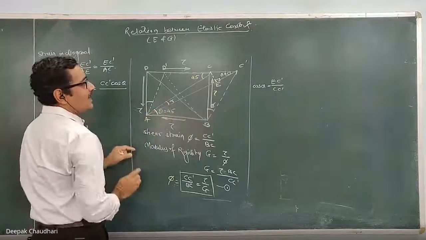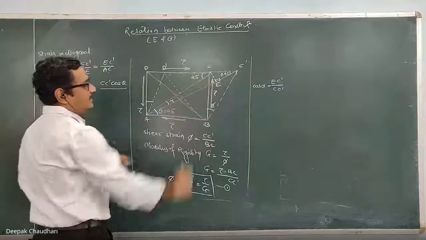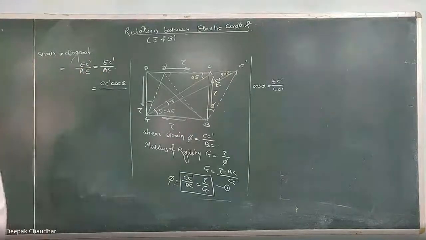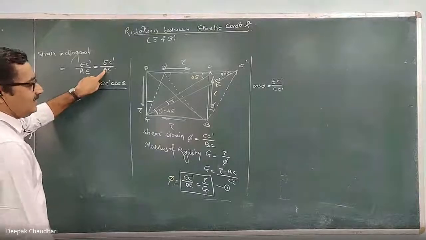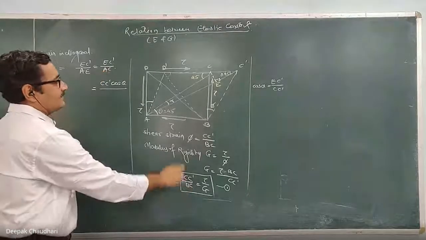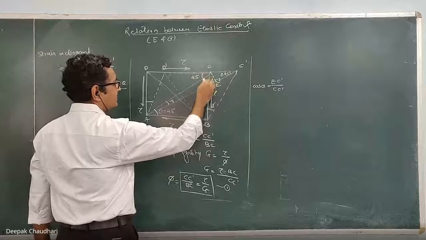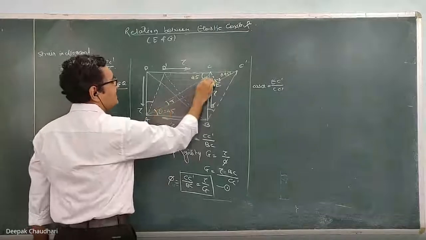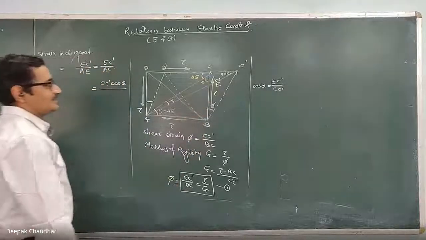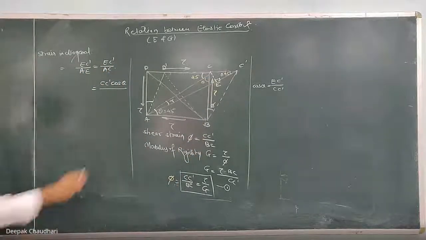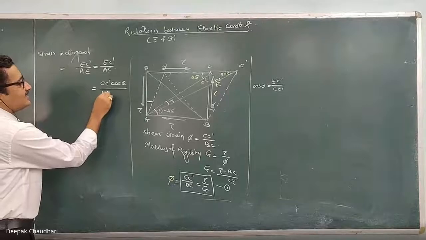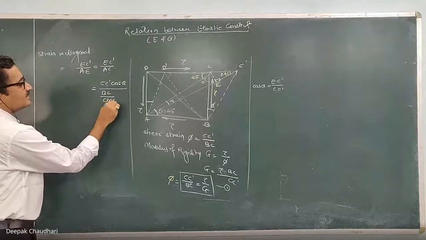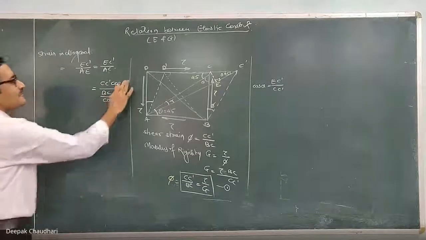With the help of this 45, I have to write the relation between AC and BC. If this angle is theta, this will also be theta. So I get BC upon cos theta, which is cos 45.